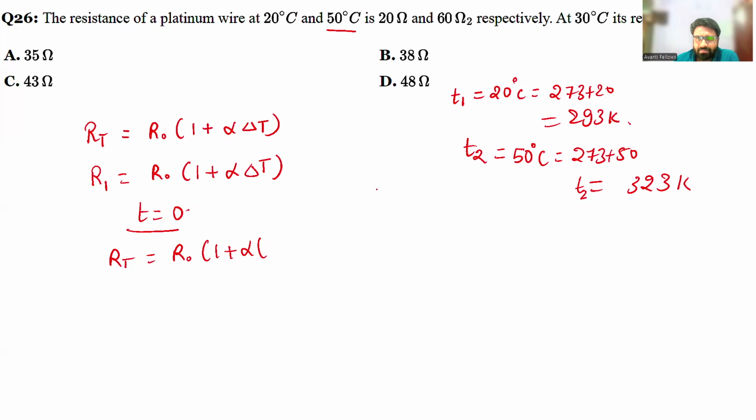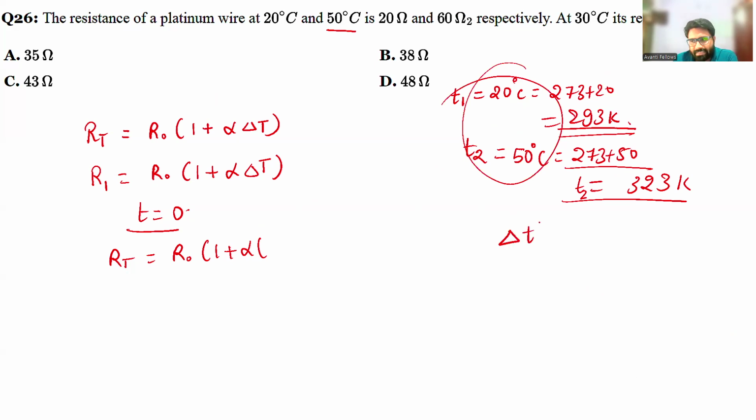Delta T is what? Oh, sorry. Now it's very simple. You don't need to convert it into Kelvin. If it is asking for the difference of temperature, then you have to apply this. But the difference of temperature in degree Celsius and Kelvin is the same.